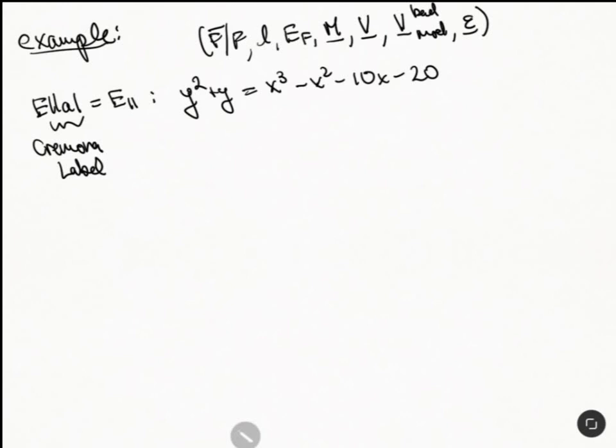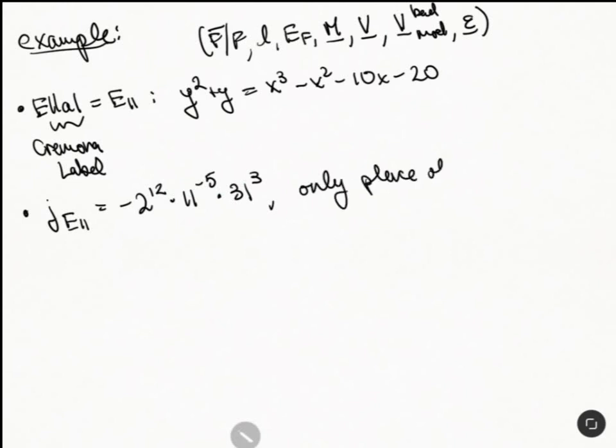It's j-invariant, the j-invariant of E11, is negative 2 to the 12th, 11 to the minus 5, times 31 cubed. It has the only place of bad reduction is 11.